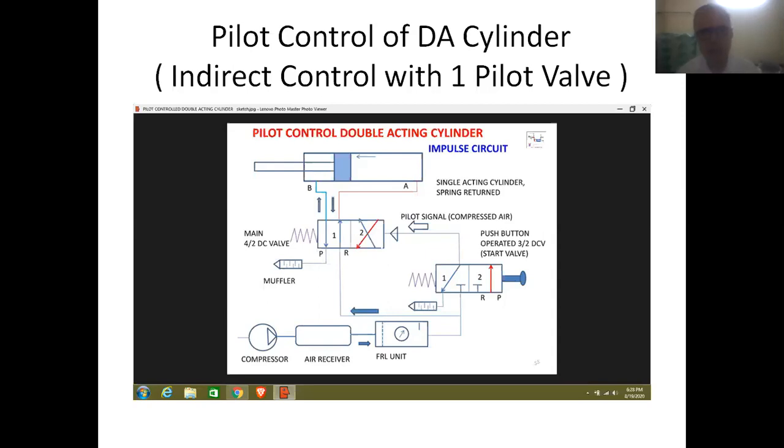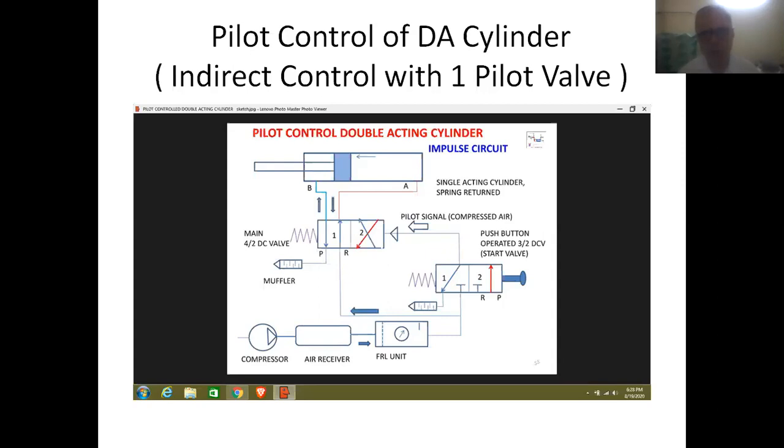And finally, friends, as discussed in previous sessions, push button will be used for putting the valve in first position, and return spring will be used for putting the valve in second position.